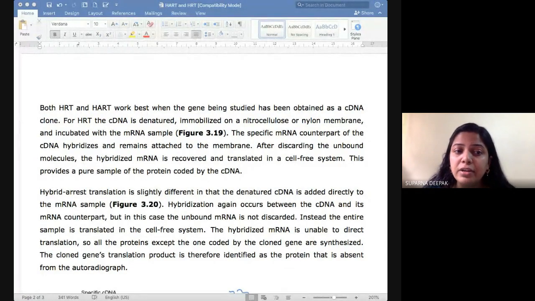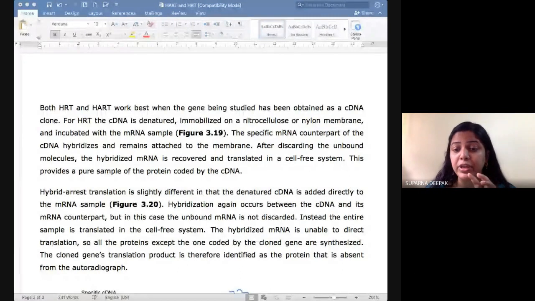So for HRT, the cDNA is denatured, immobilized on a nitrocellulose or nylon membrane, and incubated with the mRNA sample. What is going to happen in that case? The cDNA is complementary to the mRNA of your interest, the protein you are selecting for whether it is synthesized or not.